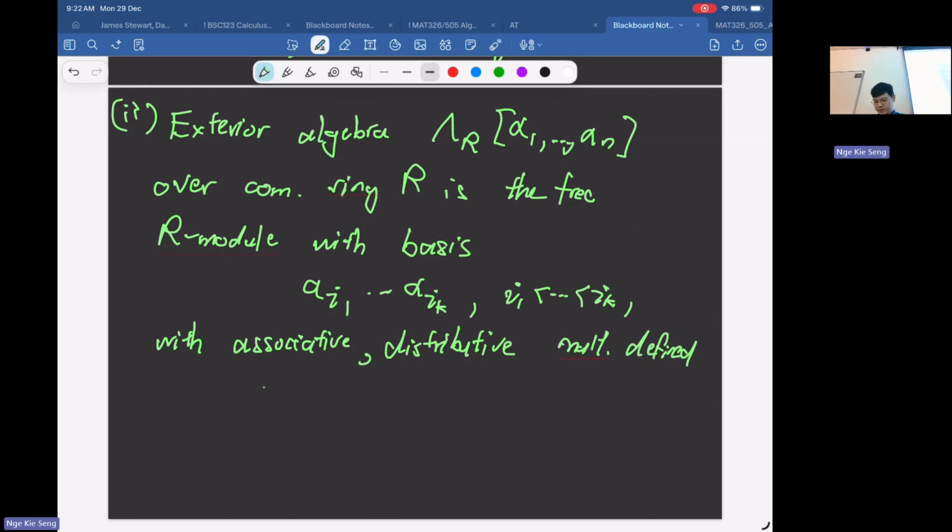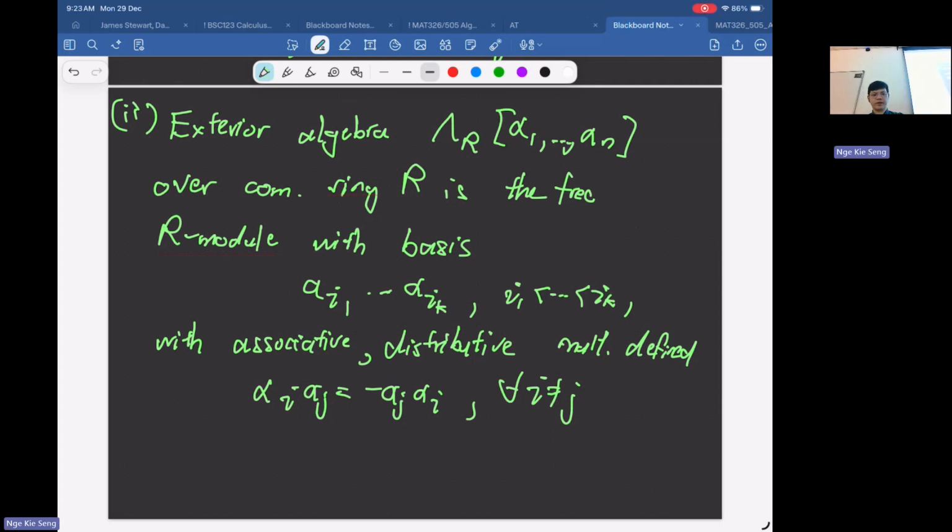This is very different: alpha i alpha j equals minus alpha j alpha i for all i not equal to j. It is skew commutative, but slightly different, because our skew commutativity relied on the degree, unless we set their degree as 1.